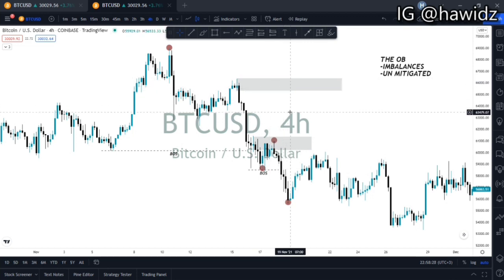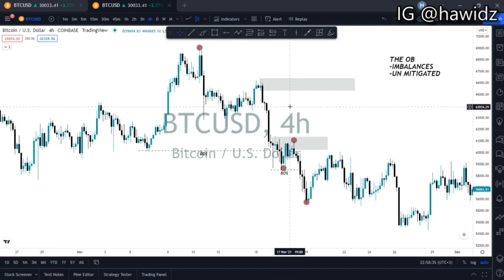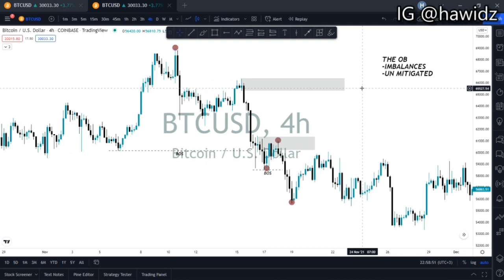No, it has been neglected for now, but it will be mitigated within the future price action, right? So order blocks have this tendency of being mitigated either with recent price action or with future price action or very, very future price action. And we'll come to discuss more about that in the next videos as the channel keeps growing.